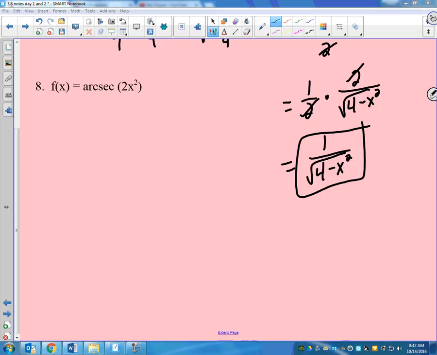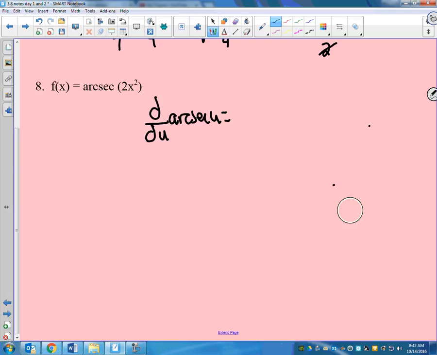And then we didn't do any yesterday of arcsecant or arccosecant, and they're the ones that have the absolute value in it. So remember that the derivative of arcsecant of u is u prime over the absolute value of u and the square root of u squared minus 1.